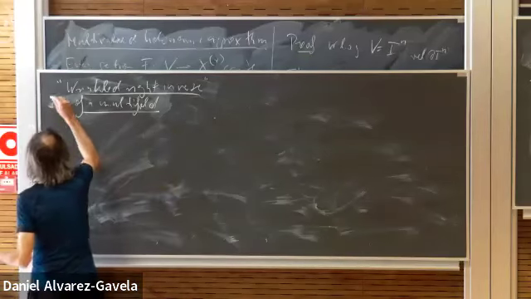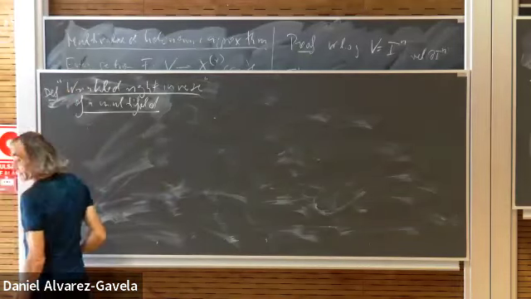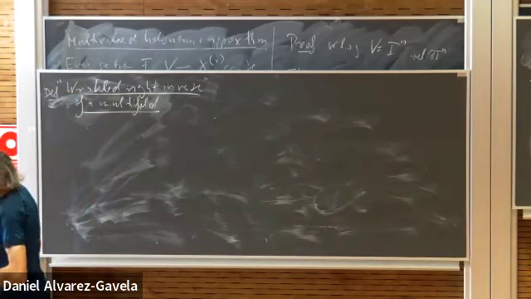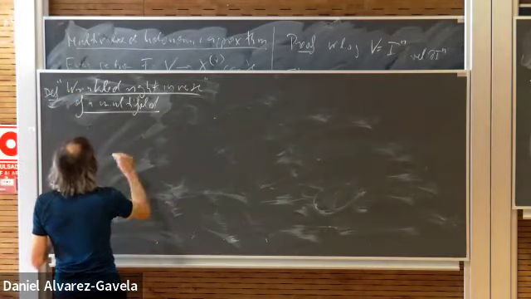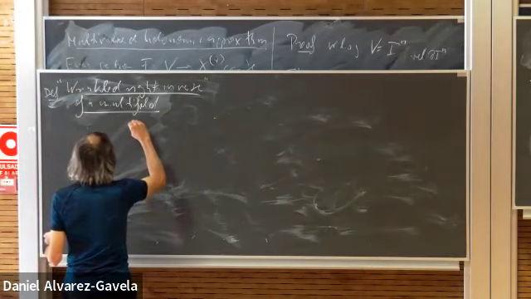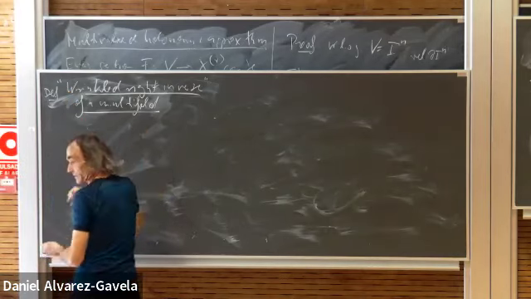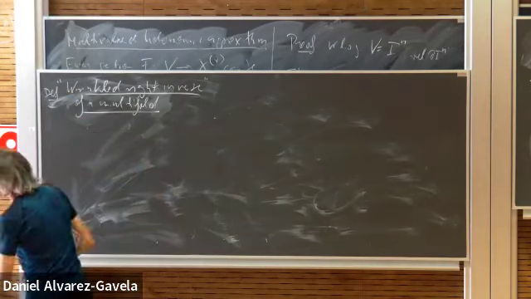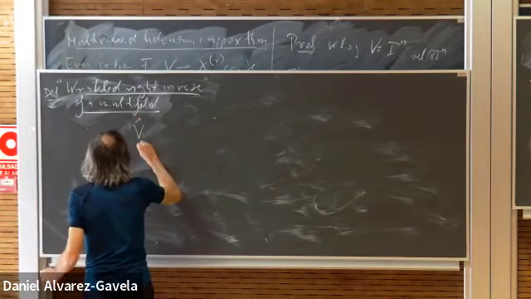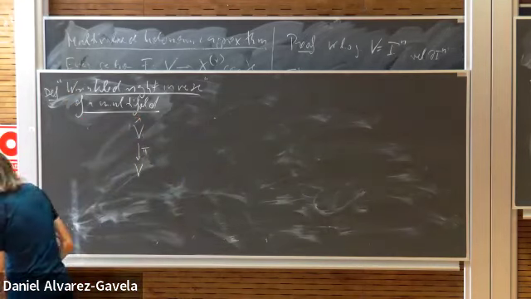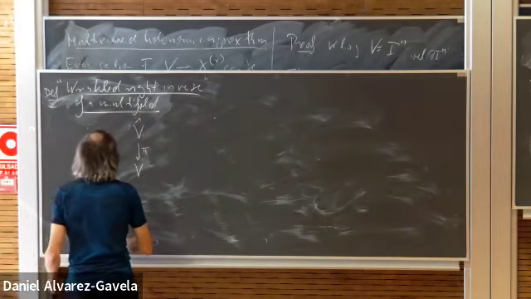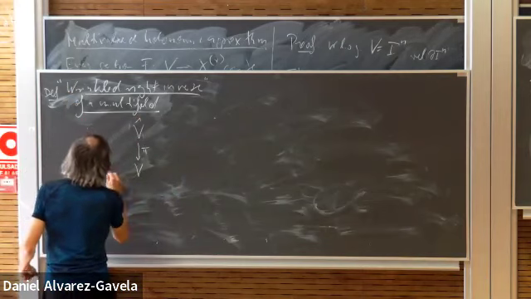So the definition of this is the following: let me draw the multifold here, v hat over v, and then call it W.